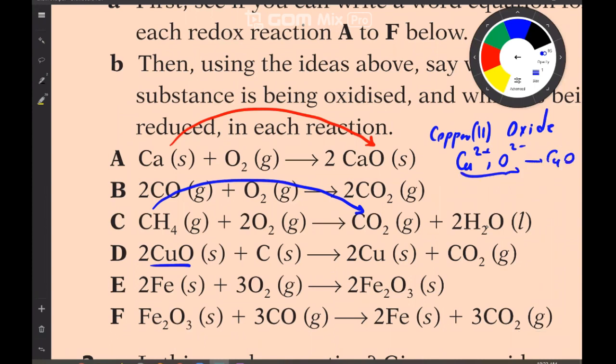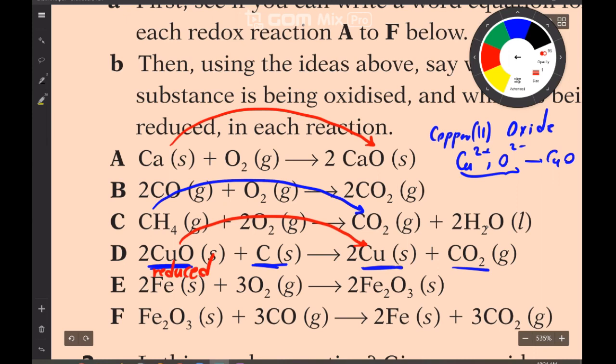So for this equation, copper oxide reacts with carbon, gives you copper and carbon dioxide. So what happened to the copper oxide? It lost oxygen. Exactly, so it is reduced.